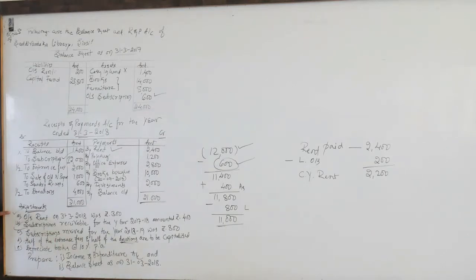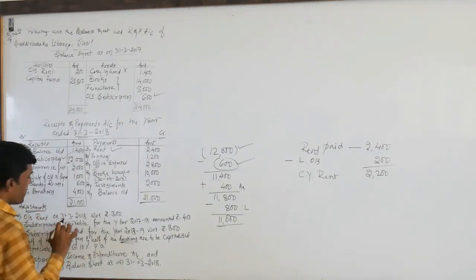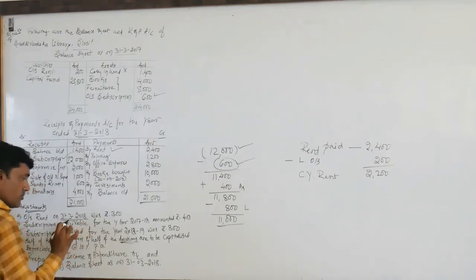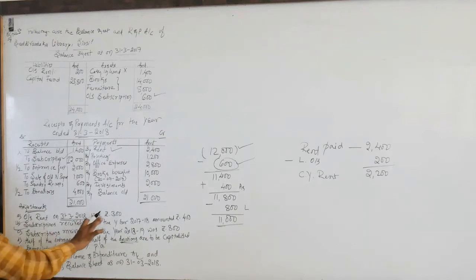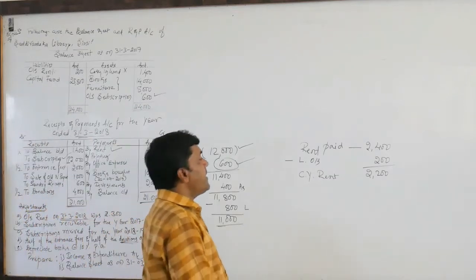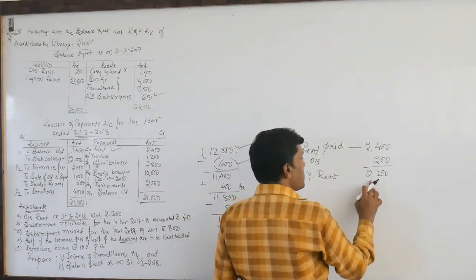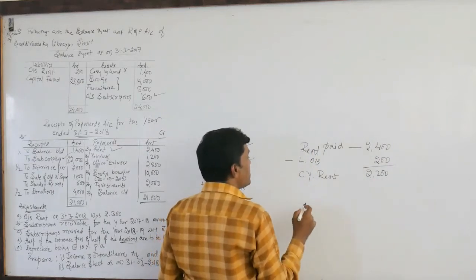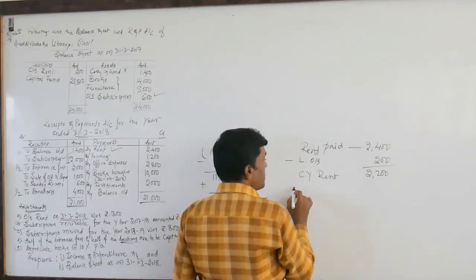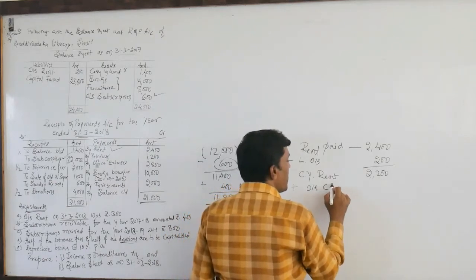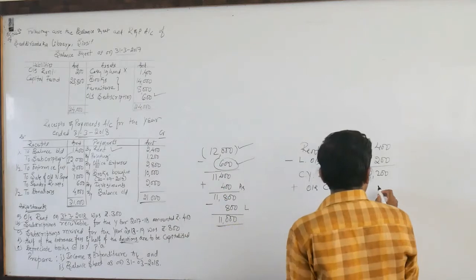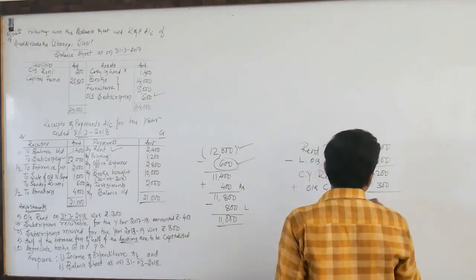One more adjustment. Look here, adjustment number 1: outstanding rent on 31st 3 2018 means the rent payable for the current year was rupees 300. The current year rent we have paid is rupees 2,200. Yet to be paid means rent payable for the current year, so that should be added. Add outstanding current year, that is the amount 300.